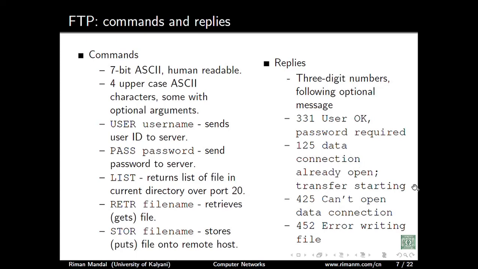This reply can come from the LIST or RETR command. If we don't have some permission, then we can get 452 error writing file, or similar replies. So these are some examples of commands and replies. There are many more, but I have only shown a few examples.